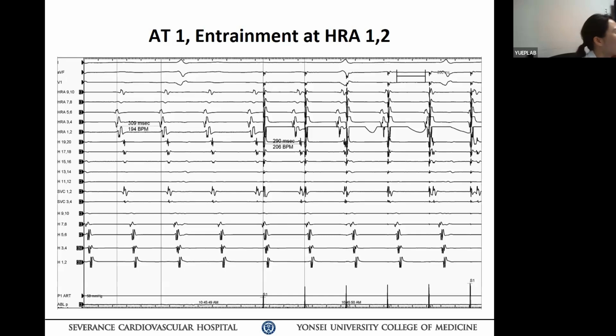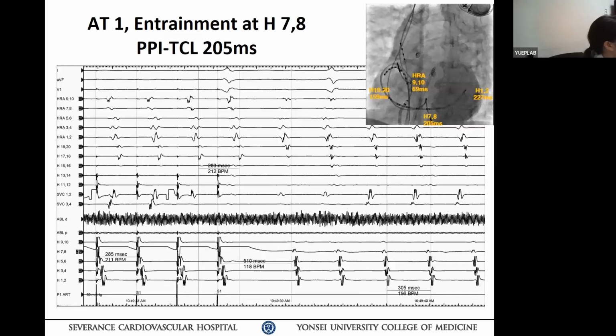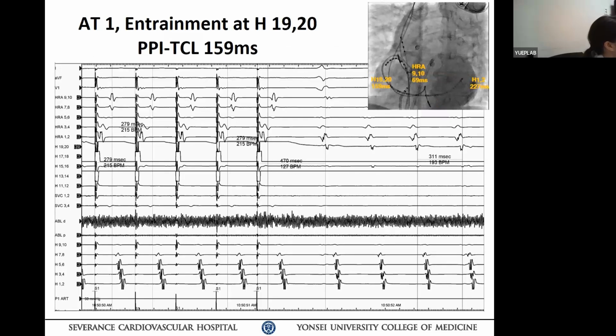This one is not captured, and also the activation sequence is changed. But for the other ones, I only put the end of the pacing. So please review, when you do entrainment pacing, whether there's progressive fusion or not. It is a very useful way.